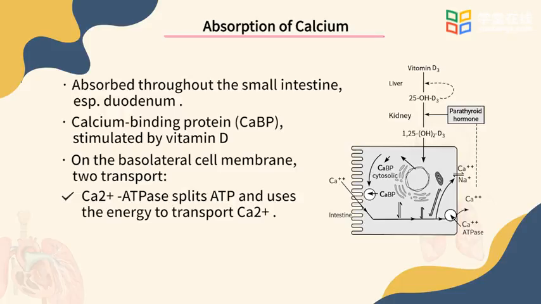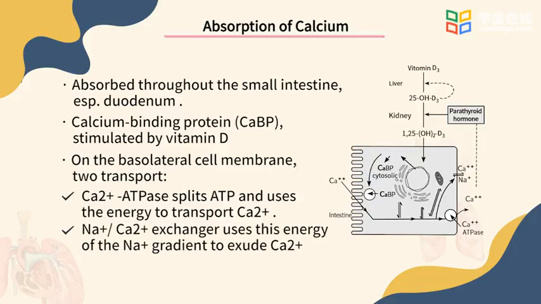The calcium ion ATPase in the basolateral membrane is the primary transport protein that splits ATP and uses the energy to transport calcium ion. The sodium-calcium exchanger uses the energy of the sodium ion gradient to extrude calcium ion by active transport.